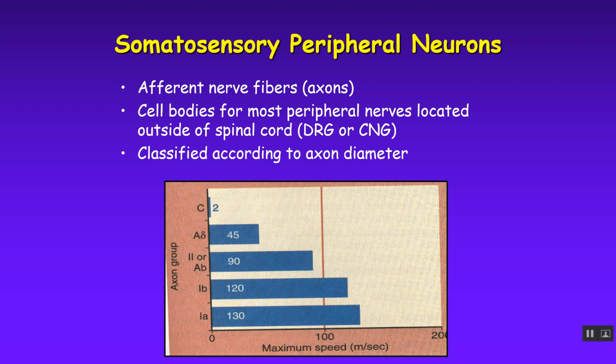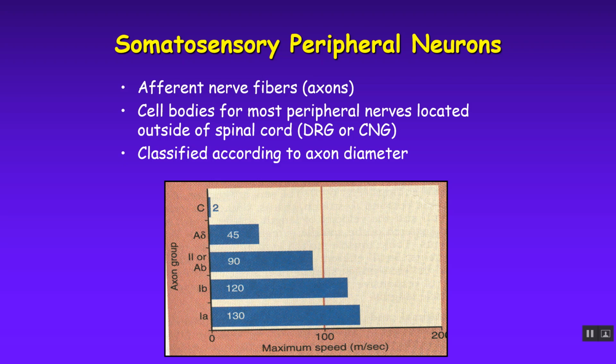Once the receptor has been stimulated, it's going to send some action potentials up an axon in a nerve. So it might be in your ulnar nerve, or a nerve in your leg, the peroneal nerve, or something like that. You might be sending a signal up one of those nerves in these little bundles of axons.